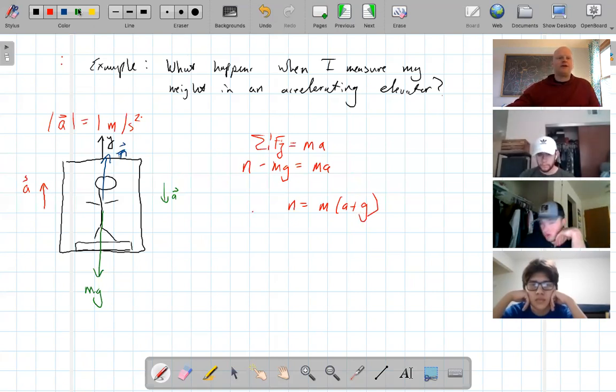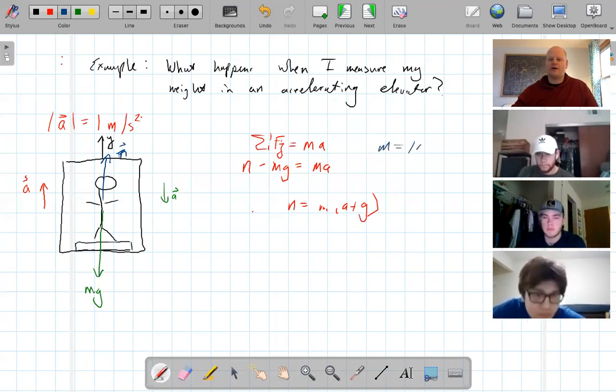So let's give you a concrete number. Let's say my mass is equal to 107 kilograms.